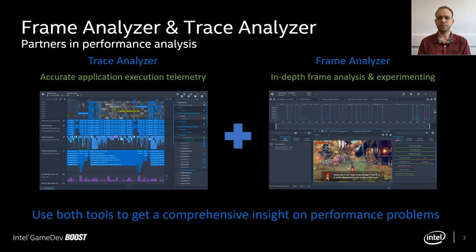The disadvantage of the frame analyzer, on the other hand, is that it's limited to the GPU analysis only, and also it does not guarantee you exactly the same execution on the GPU as it was in your original application. And so using them both, you would get the best sides of them at the same time, and as I mentioned, this would increase your performance profiling efficiency.